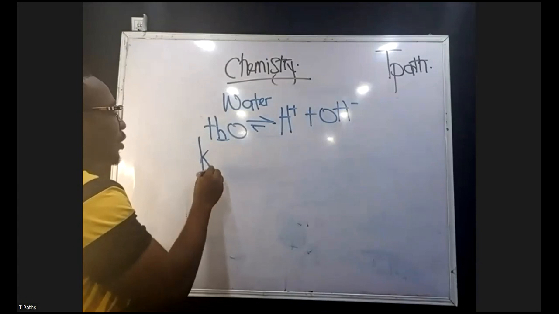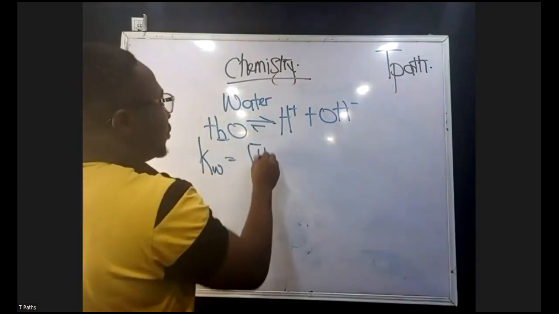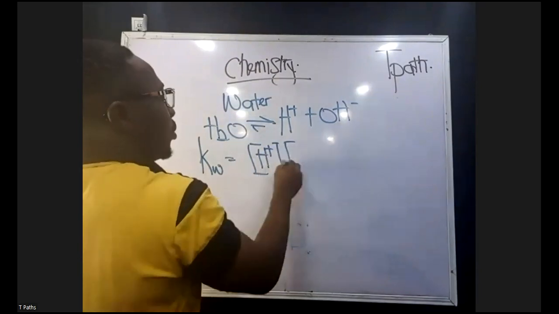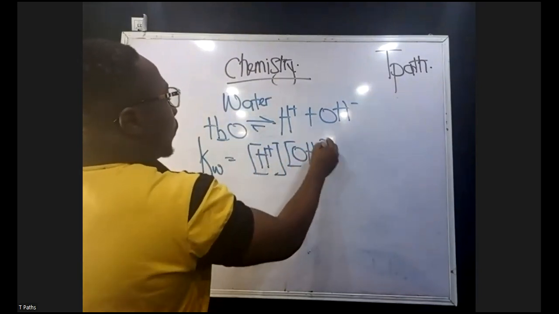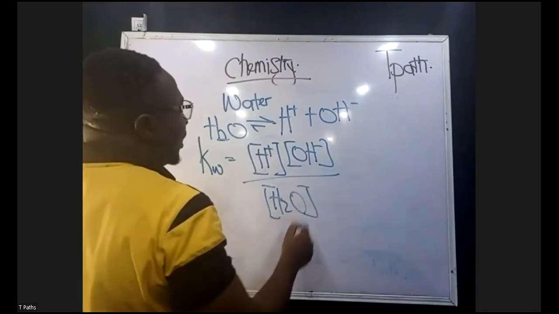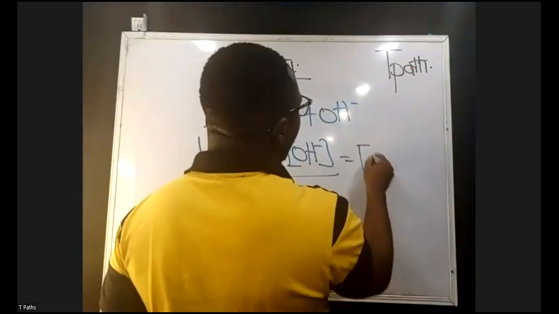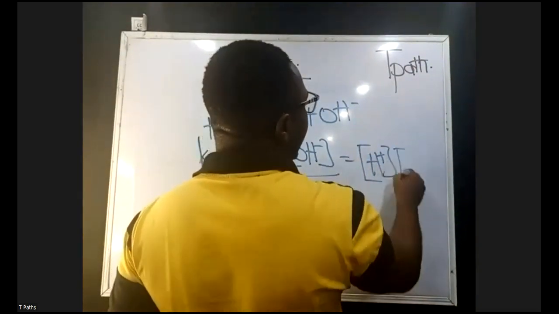Kw, the equilibrium constant for water, equals the product of H plus and OH minus over H2O. But you know H2O is in liquid form, so it will be 1. Therefore, we have Kw equals H plus times OH minus.